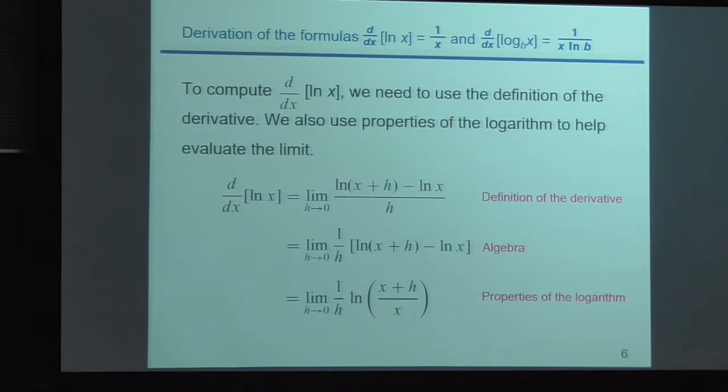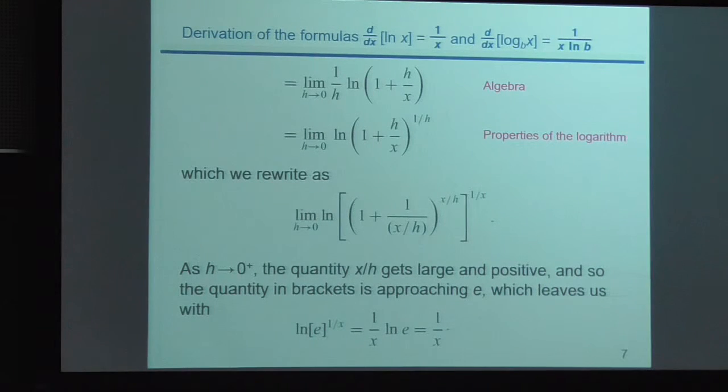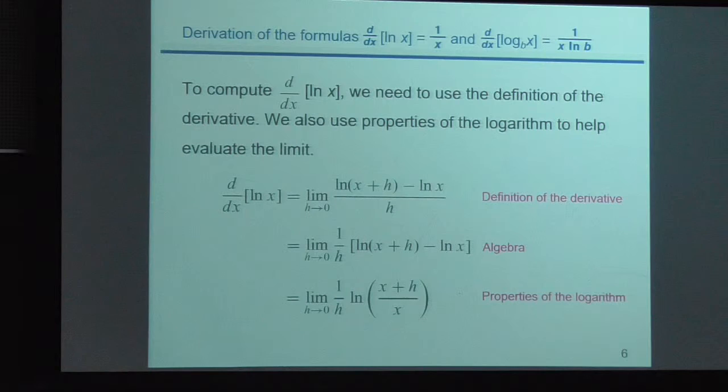You have to say, this is the definition of the limit, and then we put in specifically ln of x here. We put ln here and ln here, and then we push through doing algebra, and finally we get that the result is 1 over x. Let's see that once more. We want the derivative of ln of x. We use the definition of derivative, but we put in the function specifically.